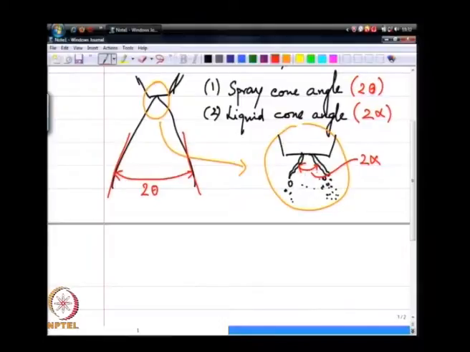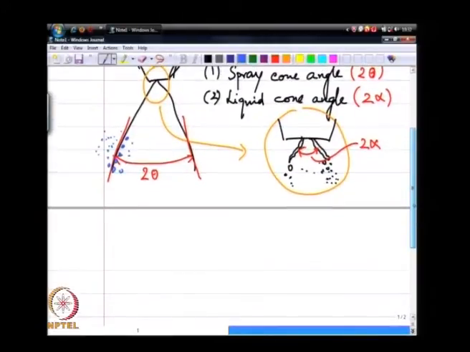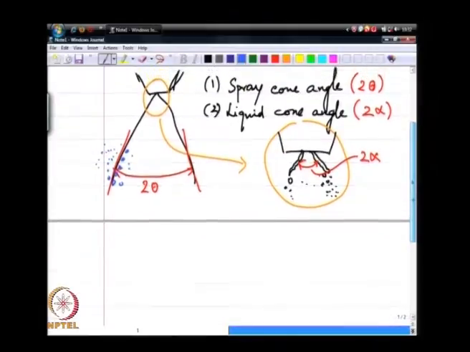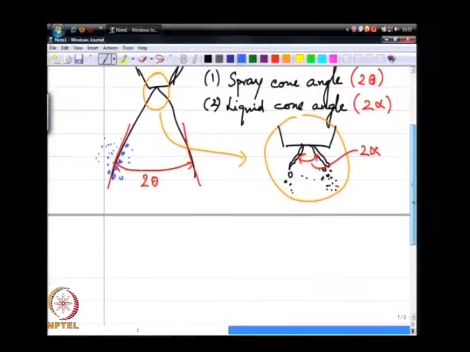As opposed to that, the angle made by the spray is not as clearly defined, because the spray itself is essentially a bunch of drops and you have a lot of mist on the outside, and it is not like a rigid object that has a clearly defined edge. So, measuring spray cone angle is always a bit of a subjective decision.